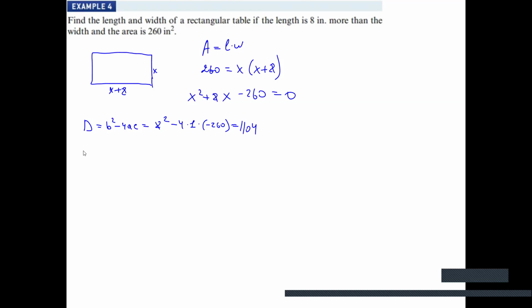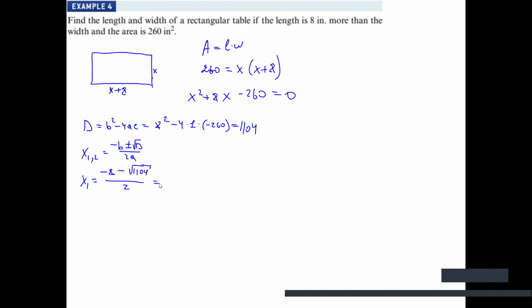Okay. So x1,2 is what? Is minus b plus minus square root from d over 2a. So x1 is minus b, which is minus 8, minus square root of 1104 over 2.